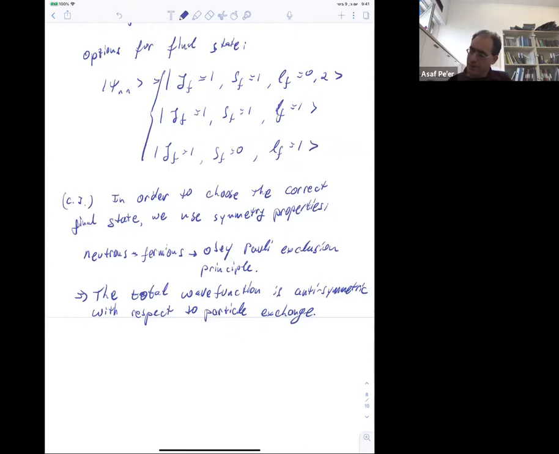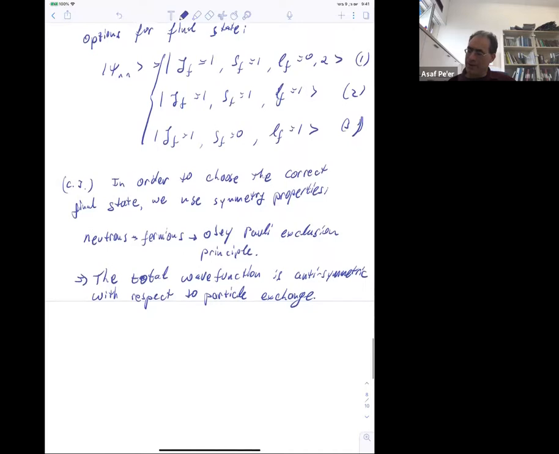So let's see, for the spin part, three options, 1, 2, and 3. Which one is antisymmetric? Well, we can guess or we can calculate. I prefer the second one. So the wave function has two parts, spin and L, orbital angular momentum.